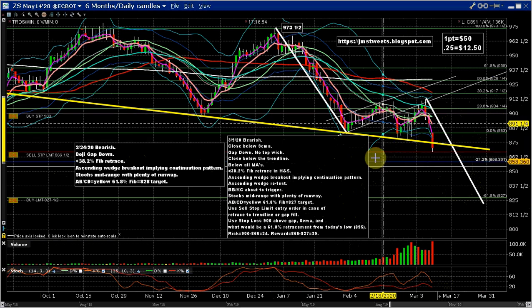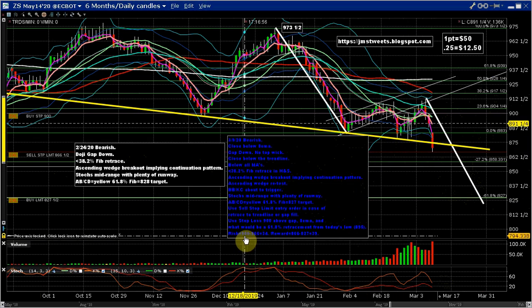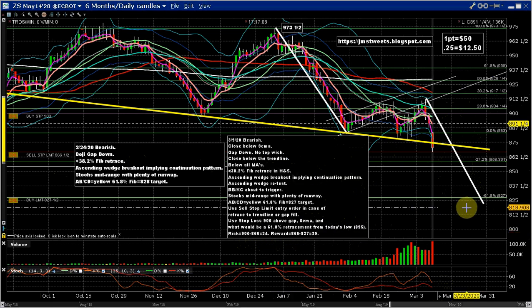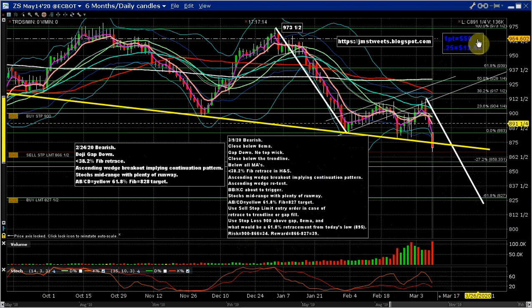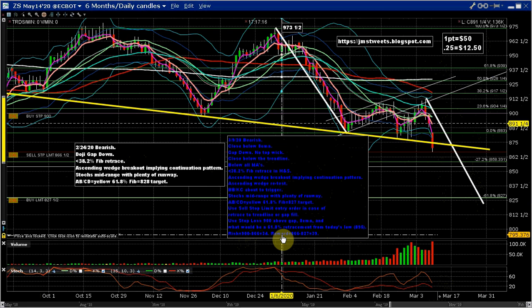Okay, and let's take a look at the risk reward. From my 900 stop to the entry, which is 866, that's 34 soybean points. Now the reward, if I enter at 866 and it goes down to our target, which is 827, is 39 soybean points. Each point is worth $50, and the reward is larger than the risk, but not by much.